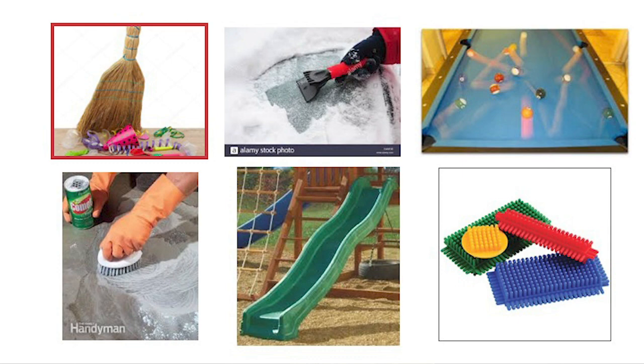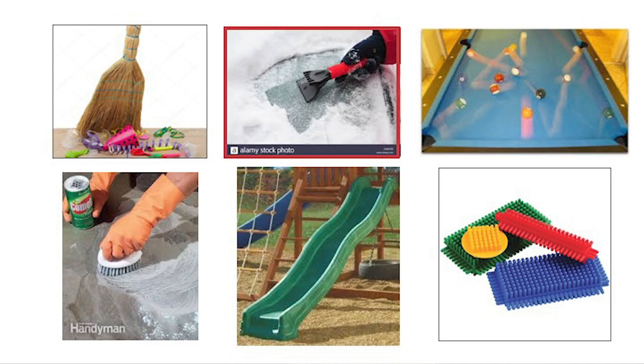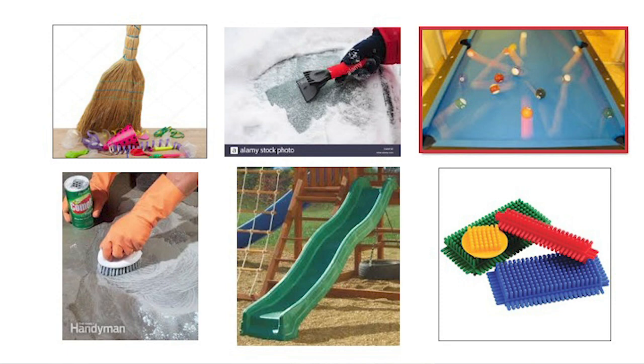Are they interacting more like a scraper scraping ice off of a window of a car? Do you think it's more like a billiard table or pool table and the way that the pool balls are interacting and bouncing off of each other and bouncing off of the table?